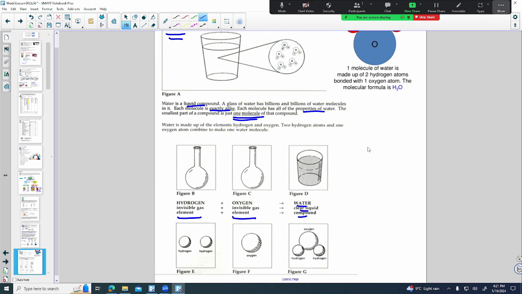So here is the molecular formula. It is H2O. So remember, if you don't see a number, that means there's one atom of that element.